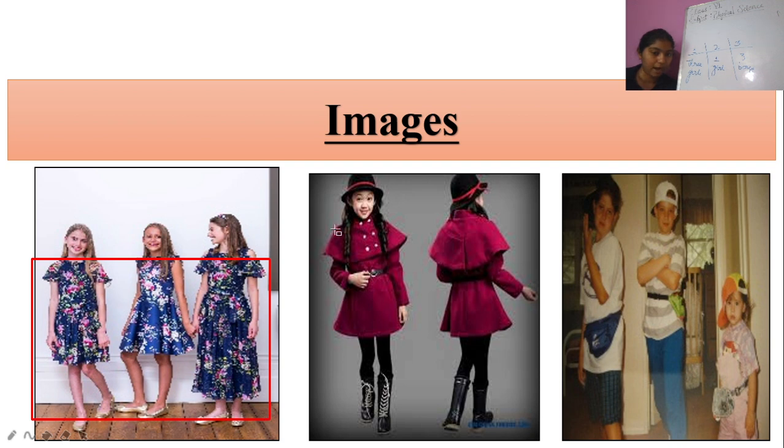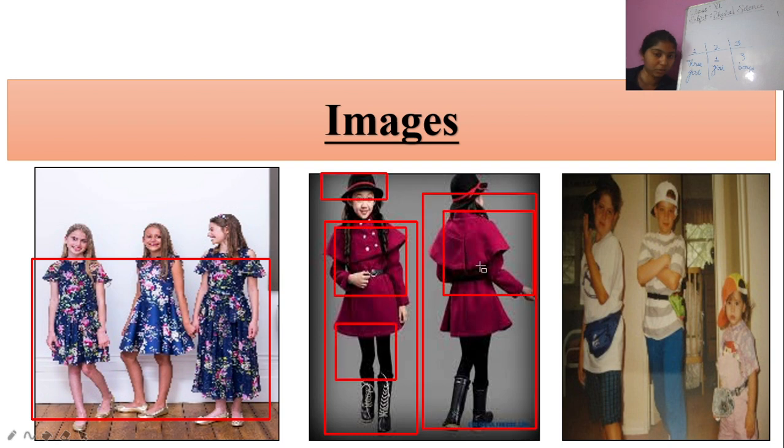And here you can see this girl is wearing shoes, jacket, this coat, and a cap also, right? In the third image, these boys are wearing t-shirt and capri and half sleeves, and here also half sleeves. And they are wearing caps, right?